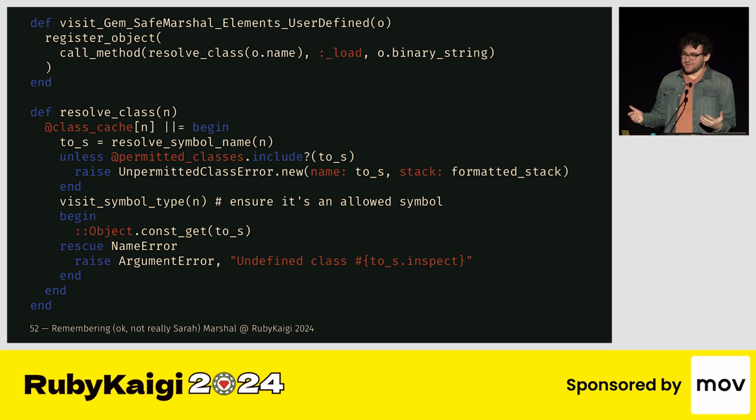We ensure that the symbol is something we're allowed to create. We then get the constant. We load it in. If it's undefined, we say, hey, it's undefined. And then we go and call _load on it. But along the way, we've done a good amount of checks in here that don't happen if you're just calling Marshal.load.